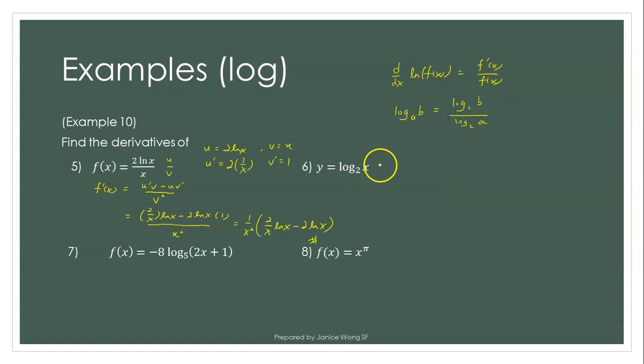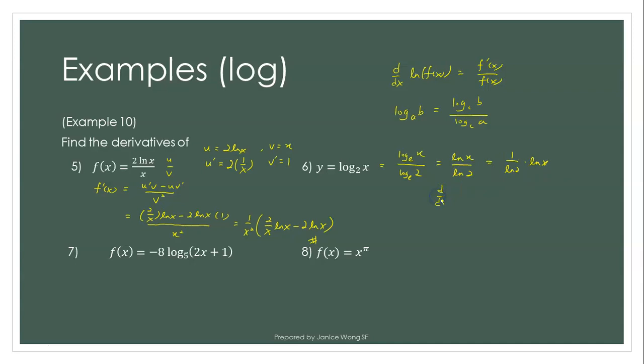So let's change the base to base e. This will be log base e of x over log base e of 2. That is written as ln x over ln 2. Here, what I am doing is changing the base to base e. Then I pull the denominator, which is a constant, aside. This is actually 1 over ln 2 times ln x.